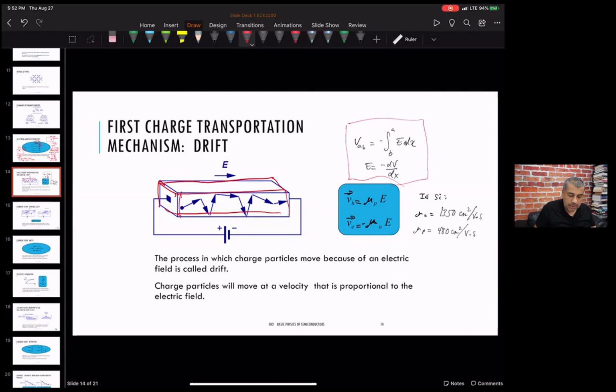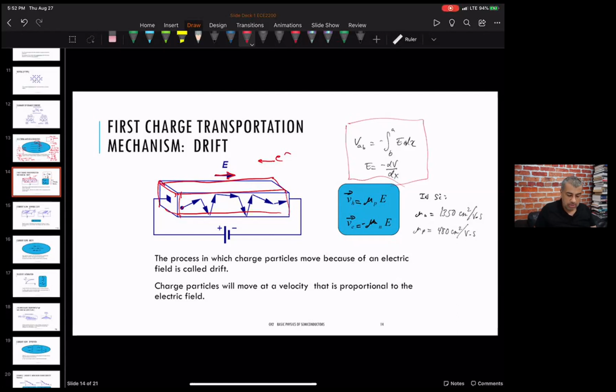And so what happens is the electrons don't go shooting across. I guess the electrons would be going in this direction if the electric field's in this direction. They don't go shooting across like they would in a vacuum. But what happens is they go a certain distance. After a while, they hit an atom and get deflected, and maybe go a certain direction, a certain distance, get deflected again, and so on.